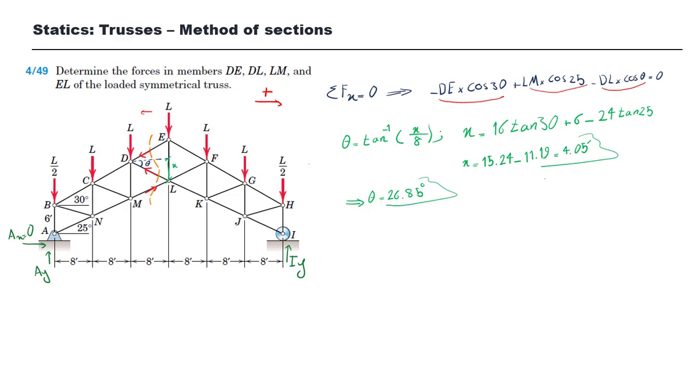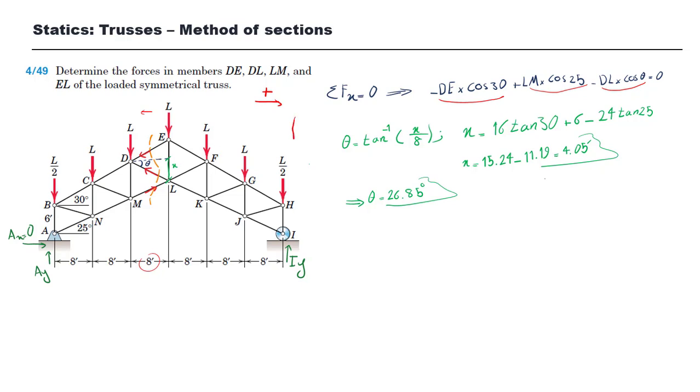In order to determine the horizontal component of dl, we need to determine first of all the magnitude of theta, the angle theta. Again, in order to know theta, we should know this length x. Then we can determine theta, knowing that theta is equal to inverse tangent of x over 8. 8 is the base of our triangle.